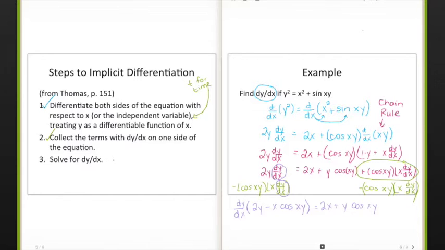And this leaves us open for our last step of dividing both sides by 2y minus x cosine xy. This will make sure that we have isolated our dy/dx. And that will leave us with 2x plus y cosine xy over 2y minus x cosine xy.